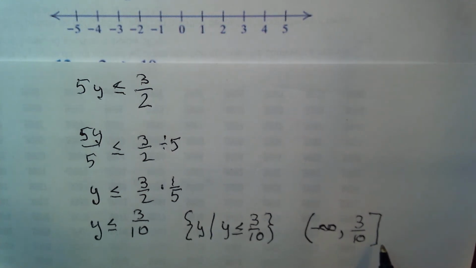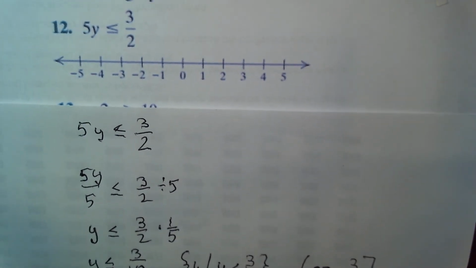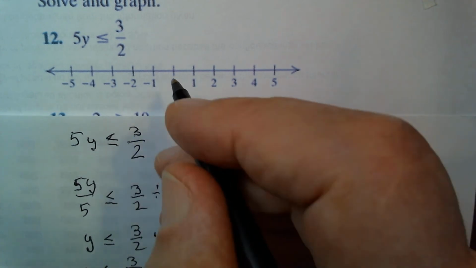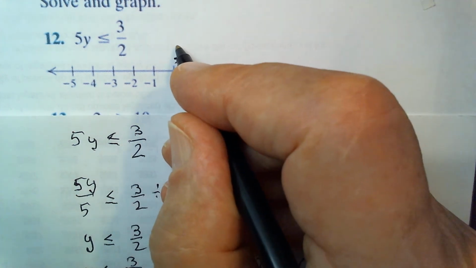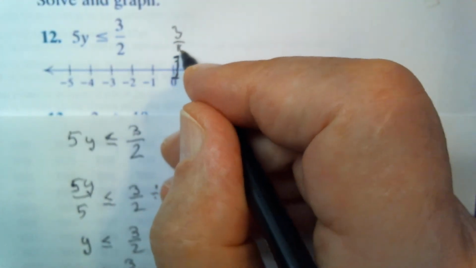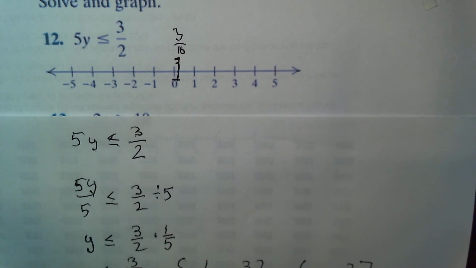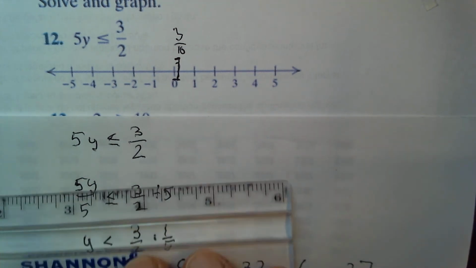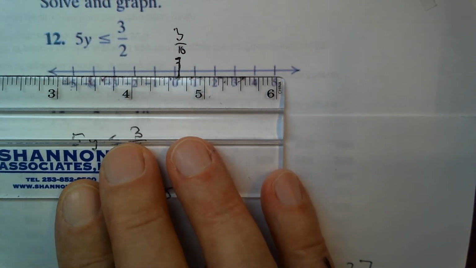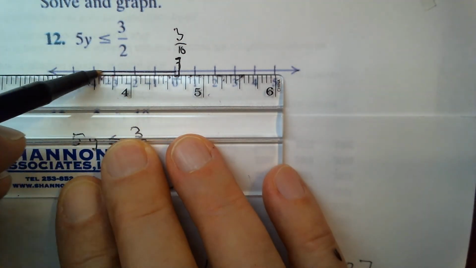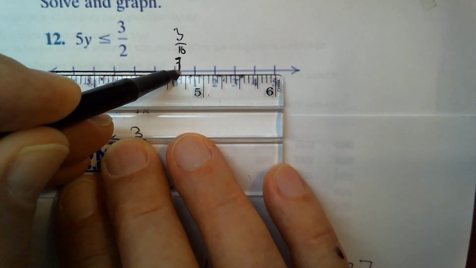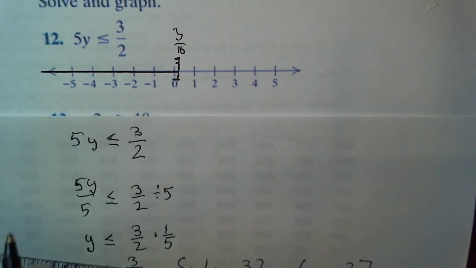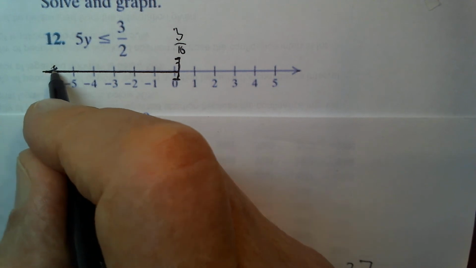And in the graph, we have the number line already here. So 3/10 is approximately here, and of course that gets a bracket. We're going to write 3/10 here to make it clear. And then we graph a line to the left. And that is our solution set in form of a graph.